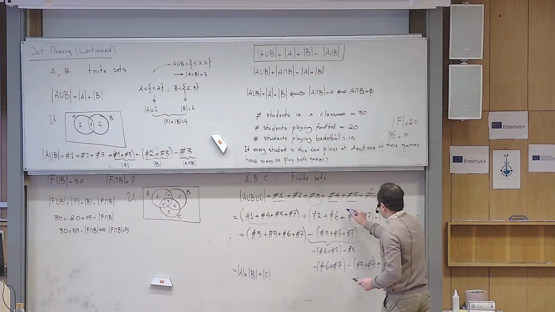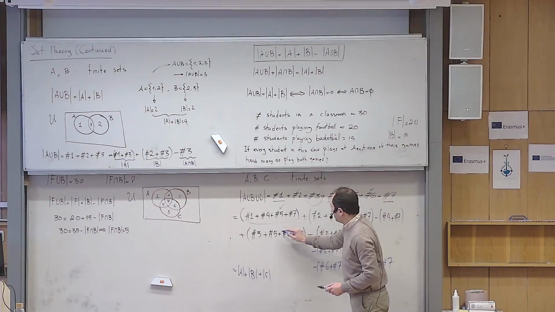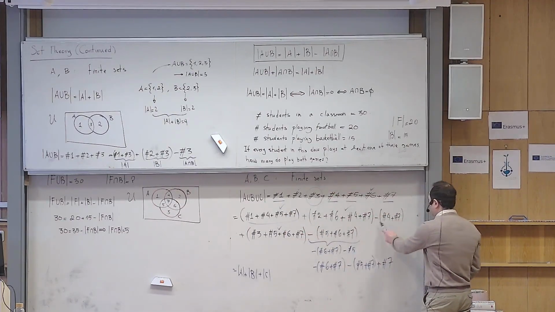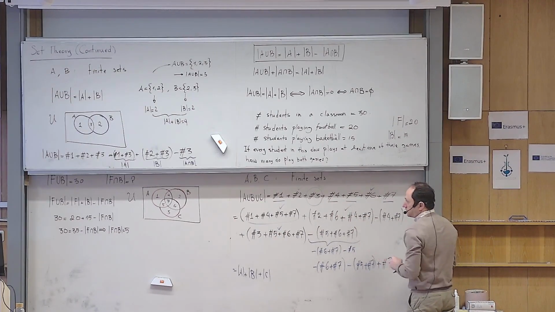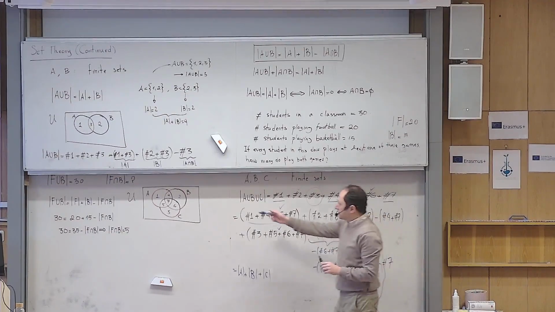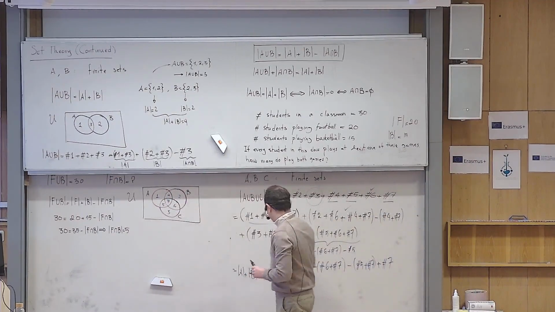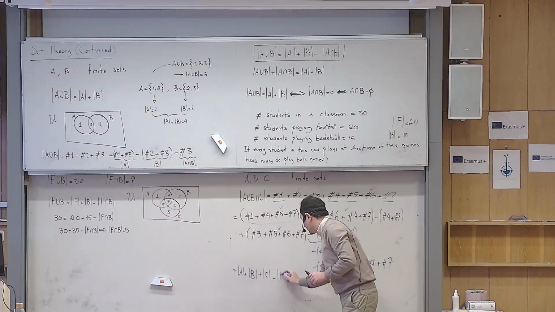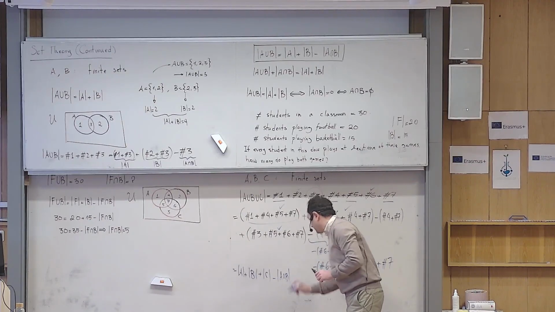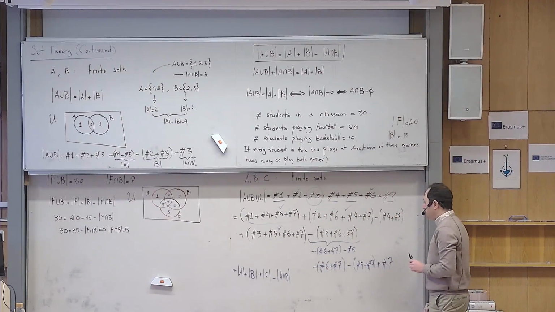So I considered this part, this part, and this part. This is left for me now, which is 4 and 7 together, which is cardinality of which set? 4 and 7 is intersection of A and B, so it becomes minus the cardinality of the intersection of A and B.